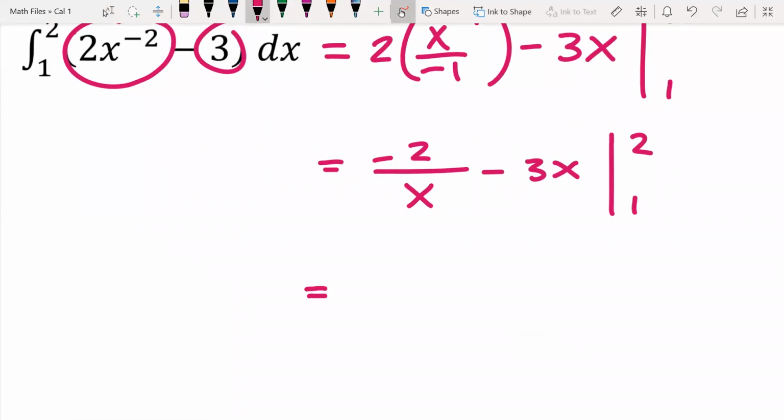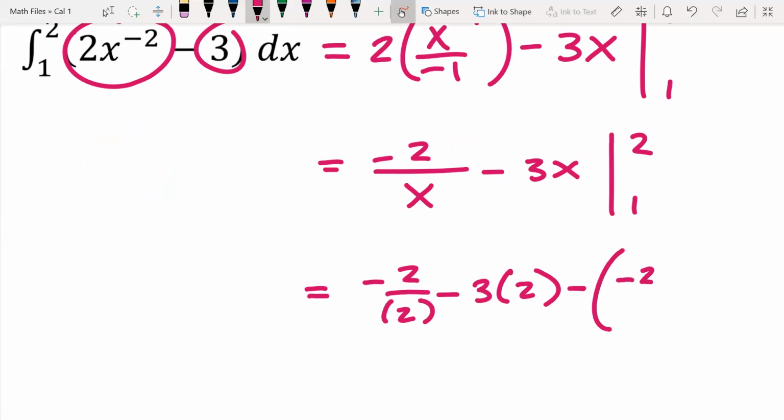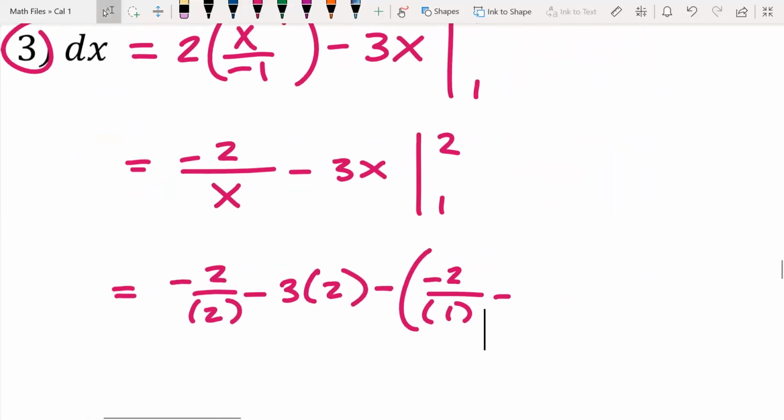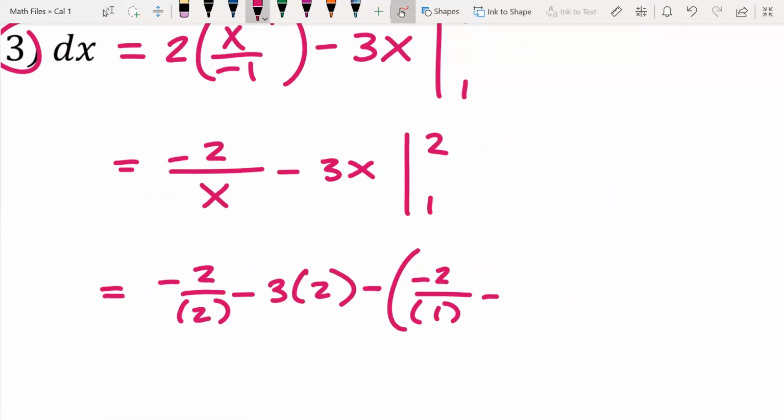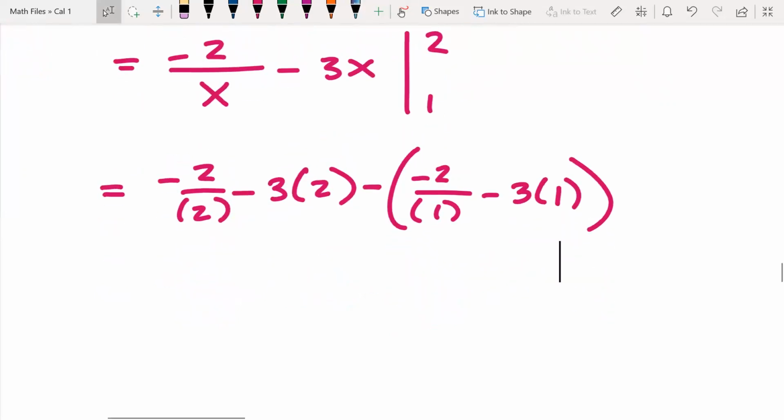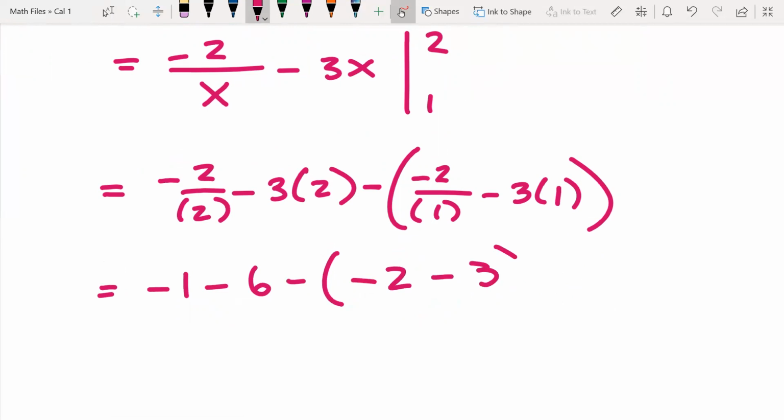And now evaluate. Negative 2 over 2 minus 3 times 2, minus negative 2 over 1 minus 3 times 1. All right. So negative 1 minus 6 minus negative 2 minus 3.